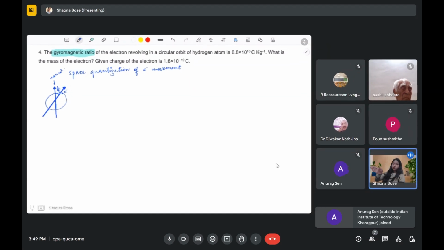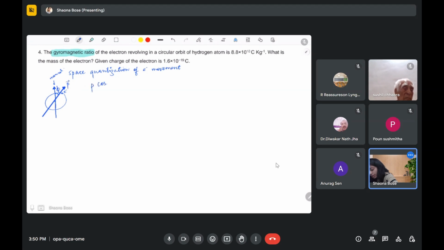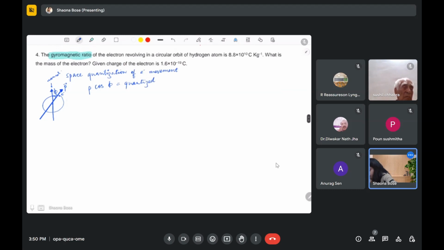So its associated angular momentum, its magnetic moment, has also shifted. Say this is P, so P cos phi will be discrete, will be quantized, right? And from here we get the LZ term and all. But I'm just writing that this is quantized basically. This angle.